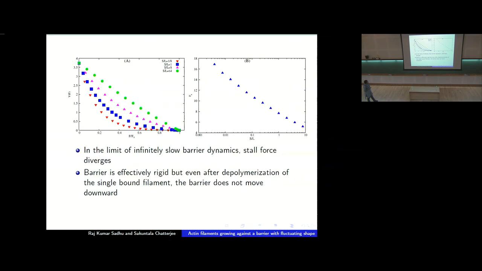So we find that as we make the surface dynamics faster and faster, the force velocity curve shows this upward shift. So the qualitative shape of the curve can be tuned by changing the relative time scale between the two processes. And here we show the stall force decreases as the surface fluctuations become faster.